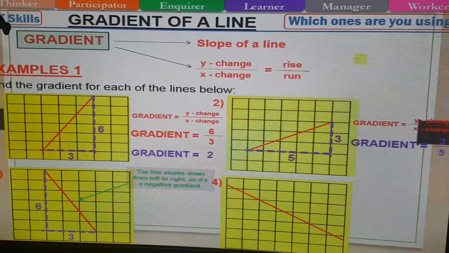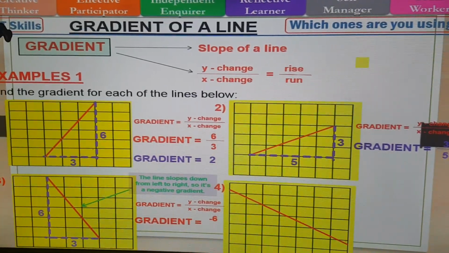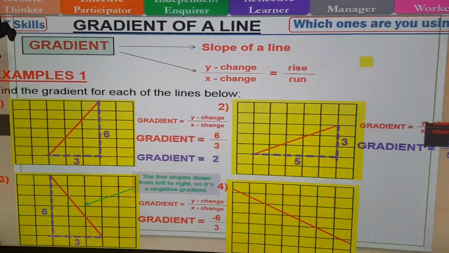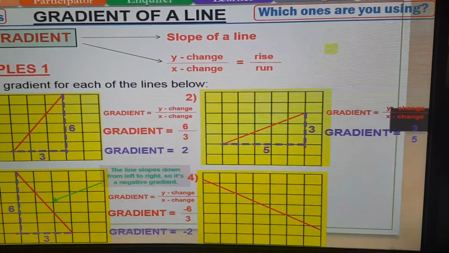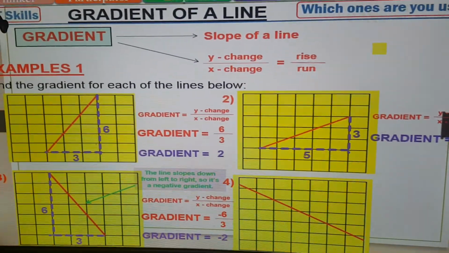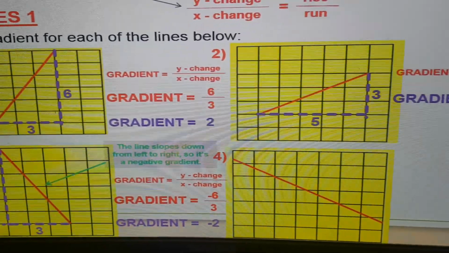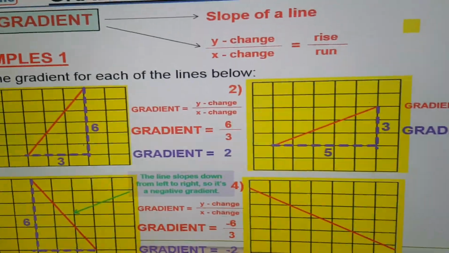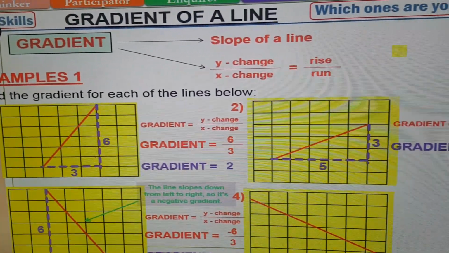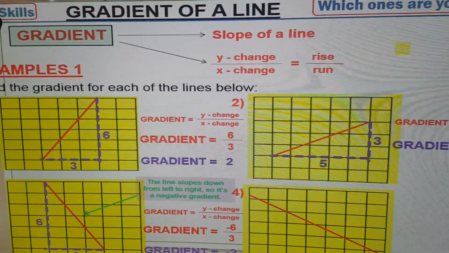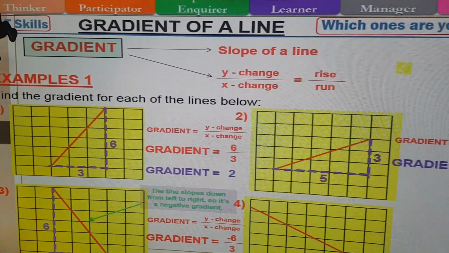So the gradient will be negative 6 over 3, and that gives us negative 2. Now it's negative because the line is different from the first two questions. Questions 1 and 2 are different from question 3.